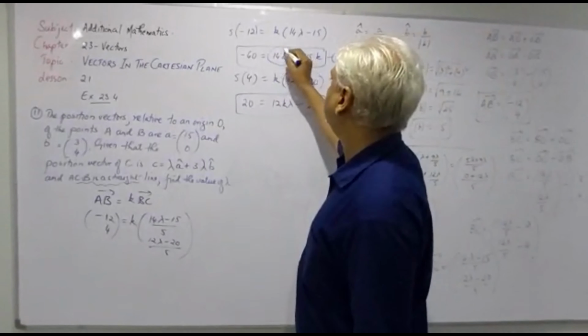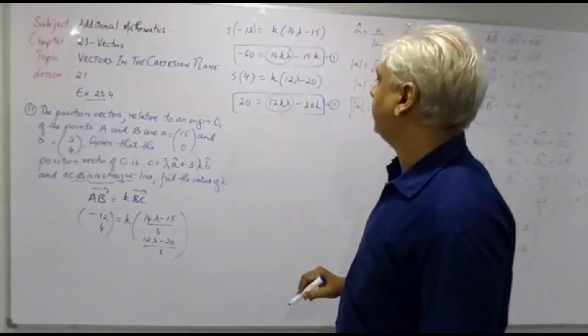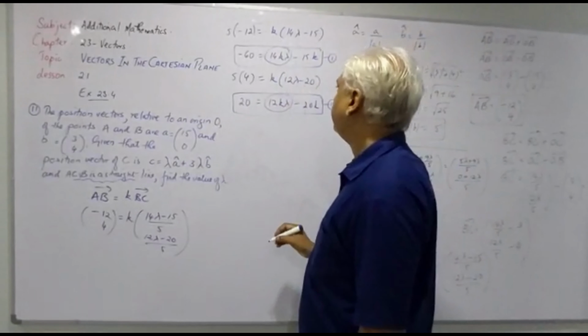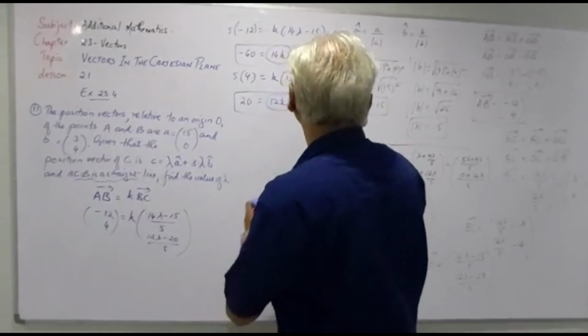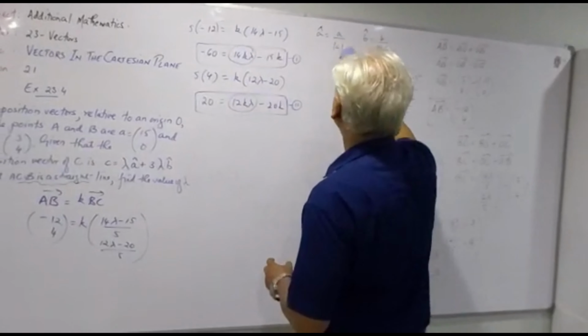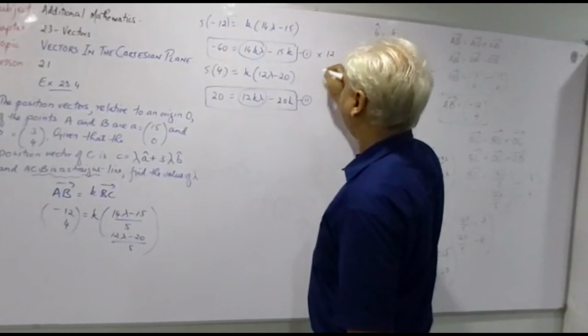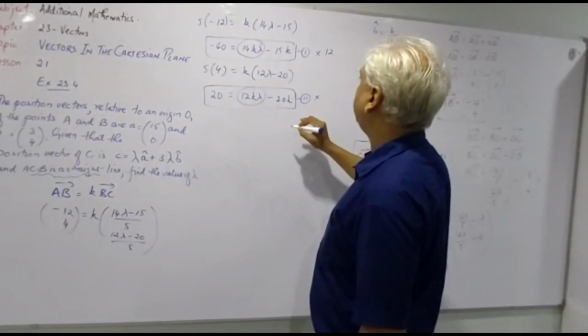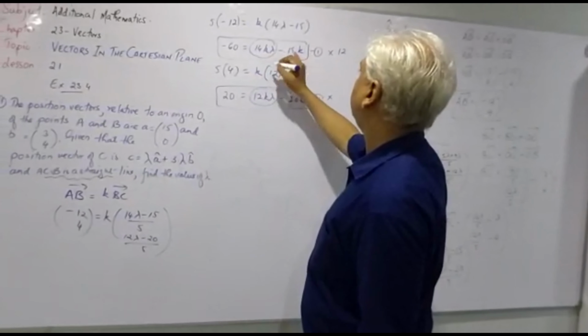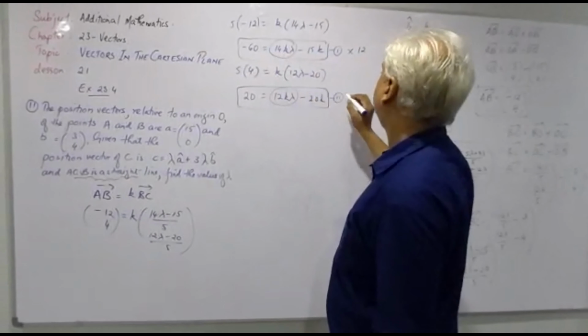I can take the coefficients and get rid of 14 K lambda and 12 K lambda by multiplying the first equation with 12, the coefficient of K lambda from the second, and multiplying the second equation with the coefficient of K lambda from the first, that is 14.